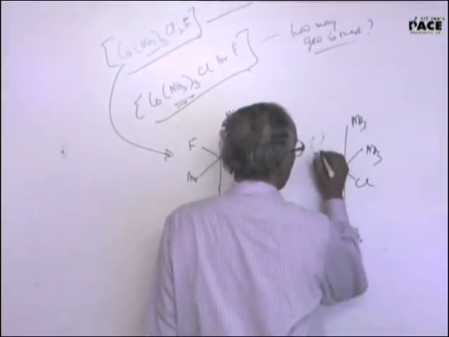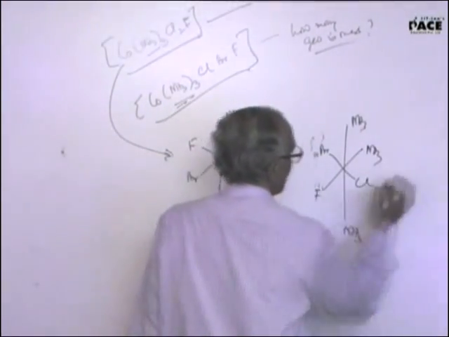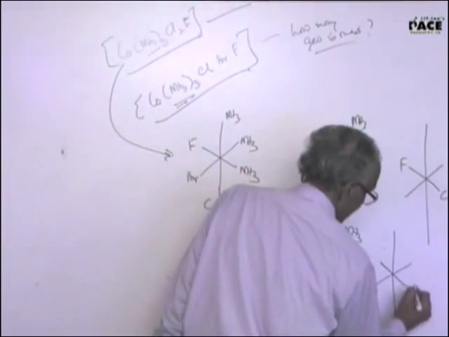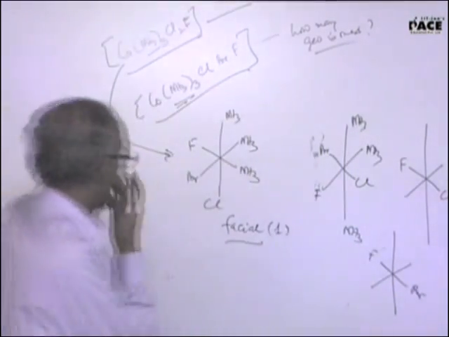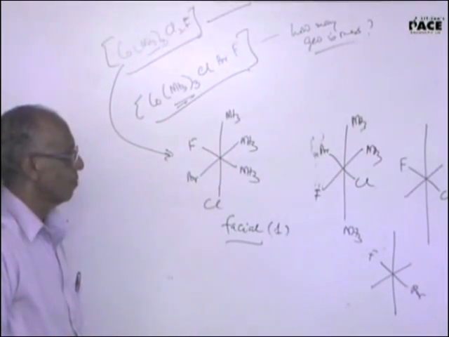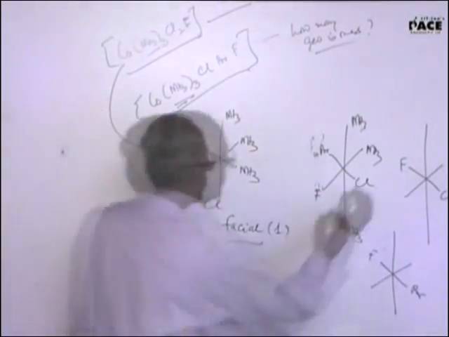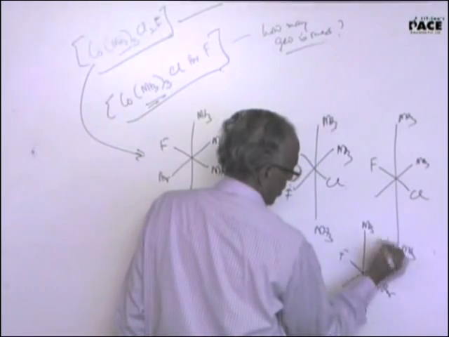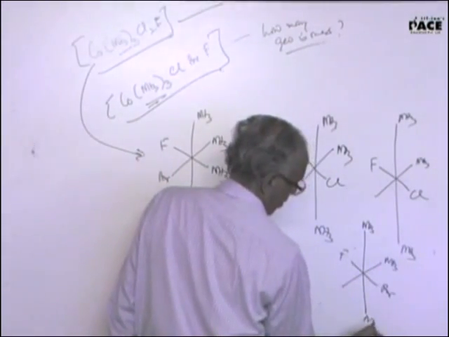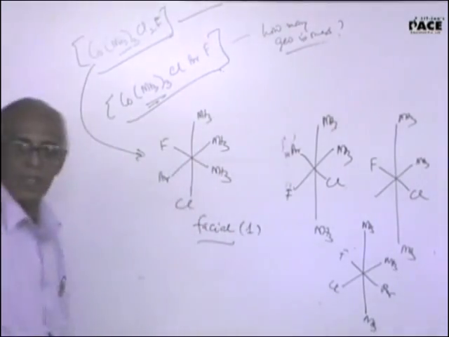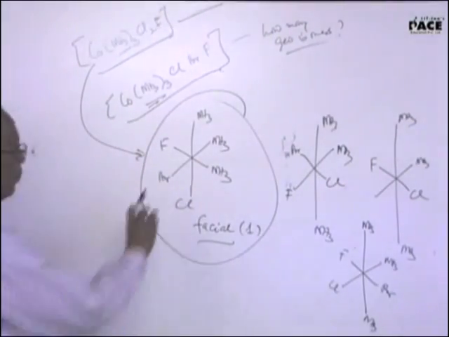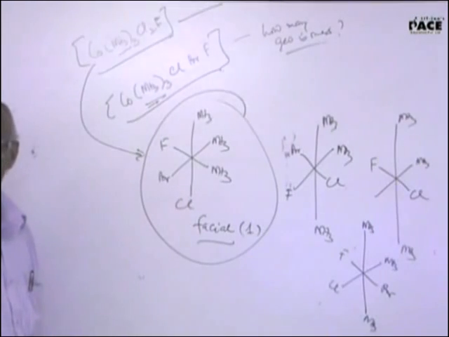So Cl trans to Br, Cl trans to F, and Br trans to F. So facial you will have only one, because wherever you put chlorine, bromine, fluorine, you will have only one structure possible.